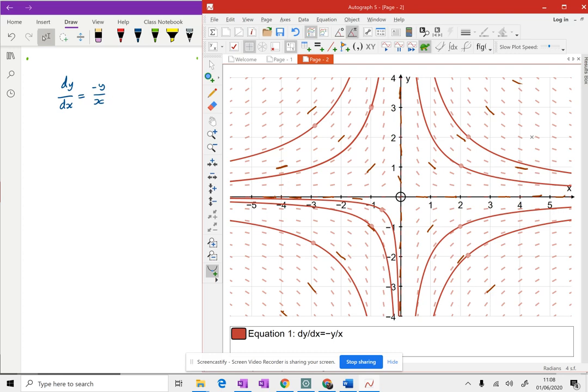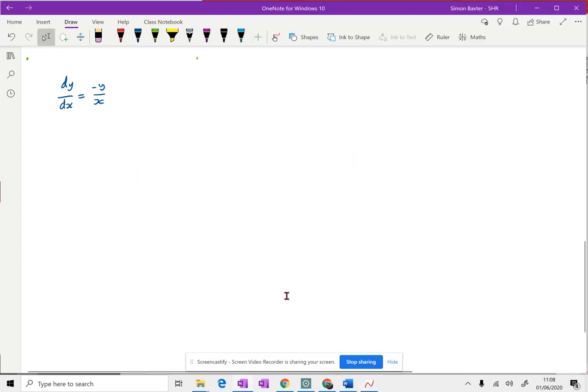Well, let's have a look at the algebra of this one. If we want to solve this differential equation, we have to divide both sides by y, multiply both sides by dx, and pop in a couple of integral signs. This is all what you did in P4 in your maths A level.